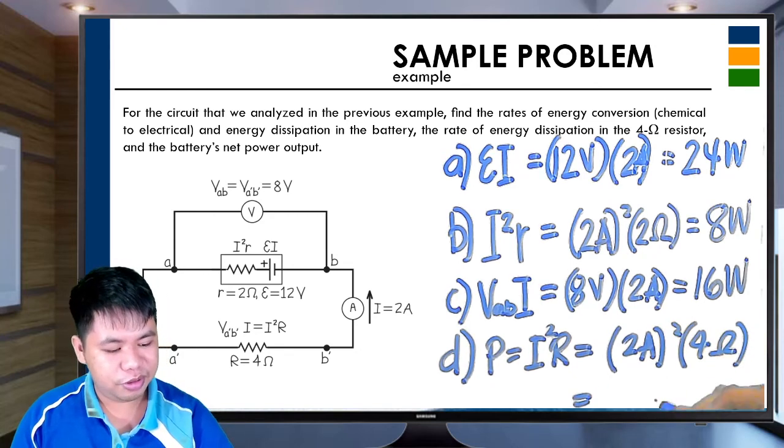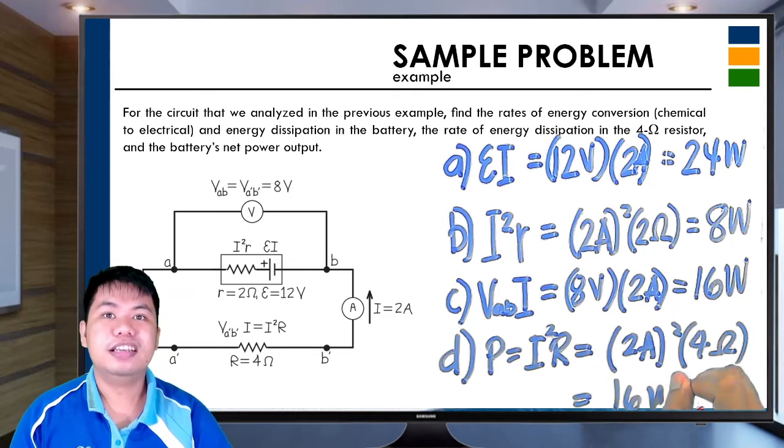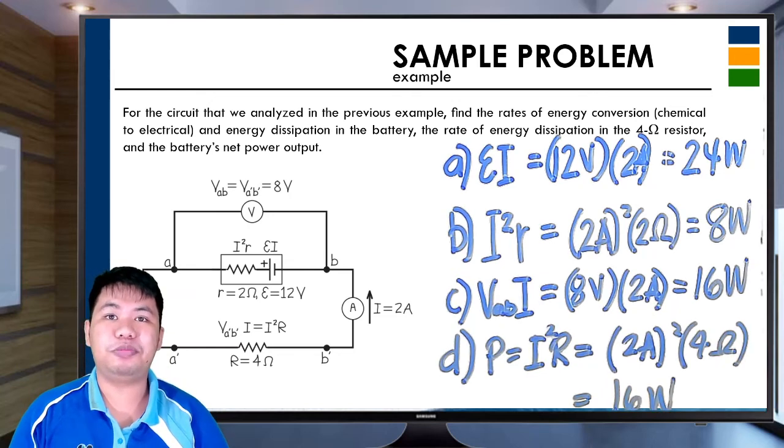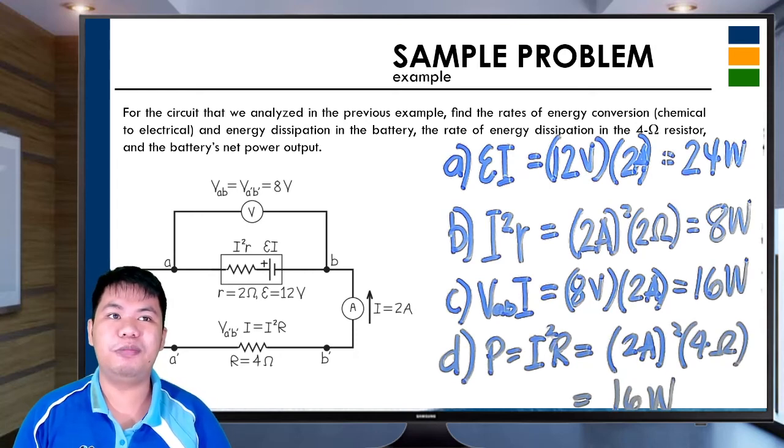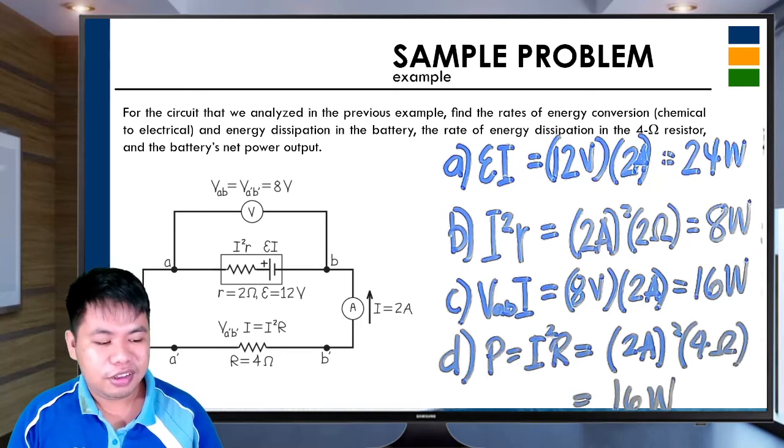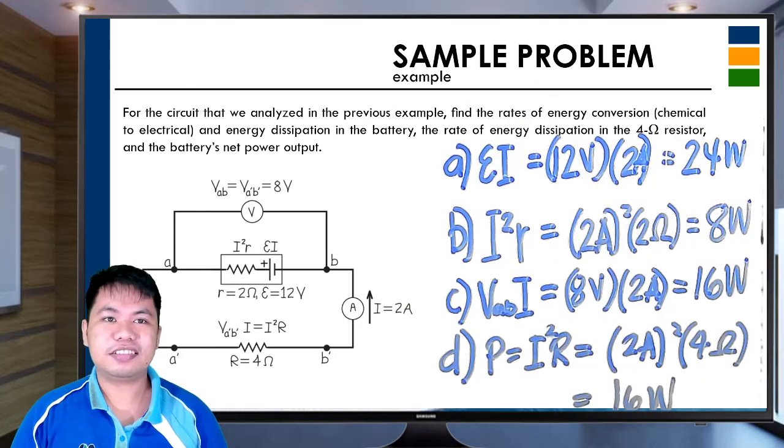So our answer will be 16 watts. This is the net power output produced by your source at the 4 ohm resistor. So these are now your answers.